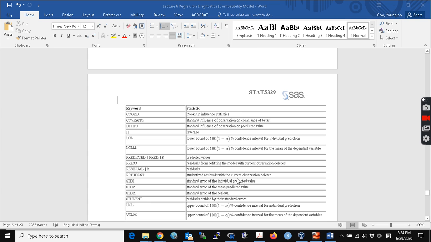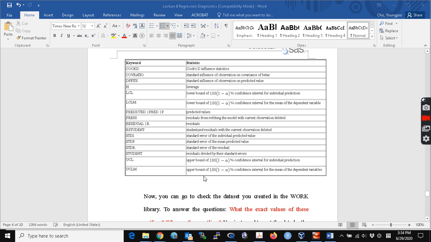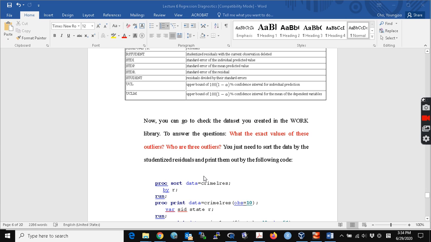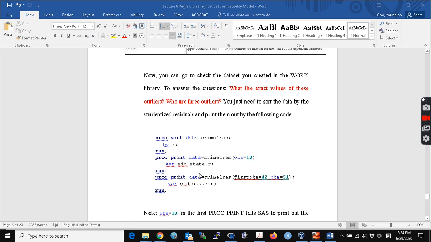These are the other keywords, so you can draw many diagnostic information from the model by using this output statement. Let's look at the exact values of these outliers and who they are.